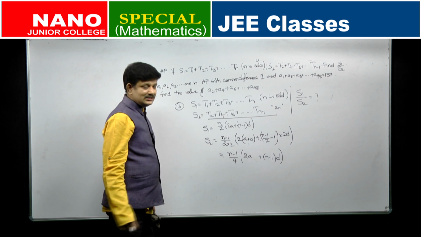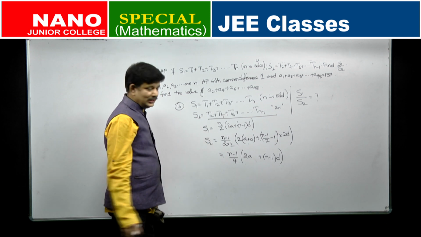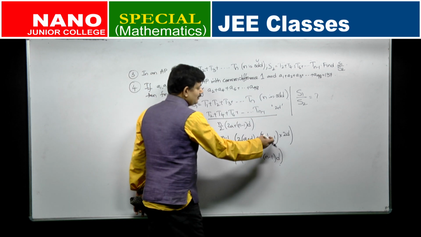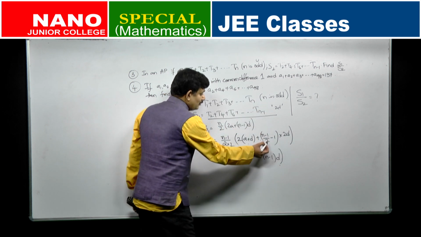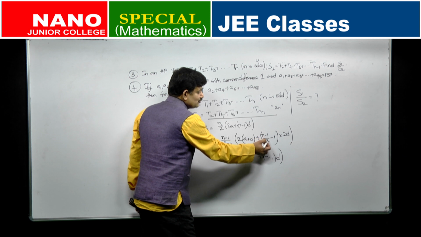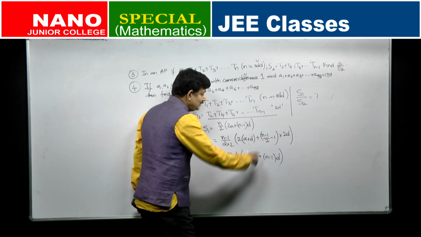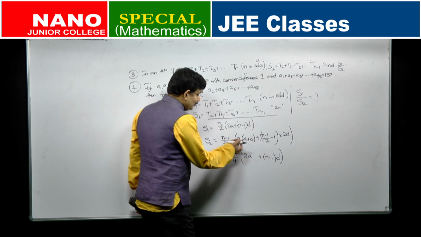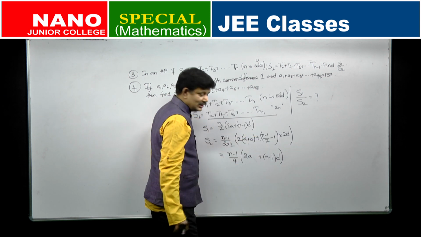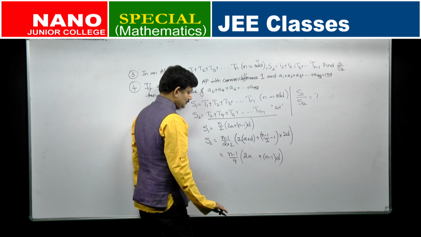See, all simplifications I am trying to do in one line. That will be the most convenient way for you. Try to visualize and write the steps in your mind. So, what I did? N minus 1 minus 2 will be n minus 3 by 2, 2 gets cancelled. So, this was n minus 3. To that I added 2d, it became n minus 1 into d.